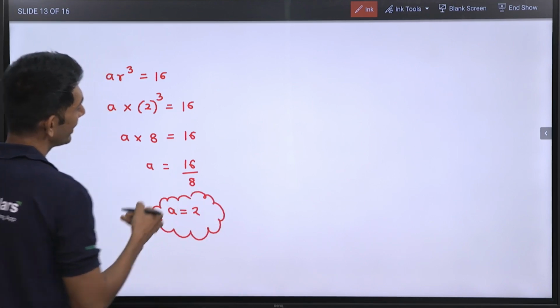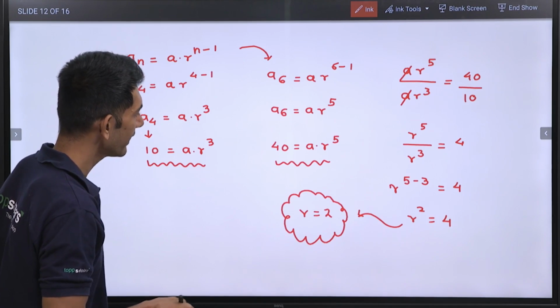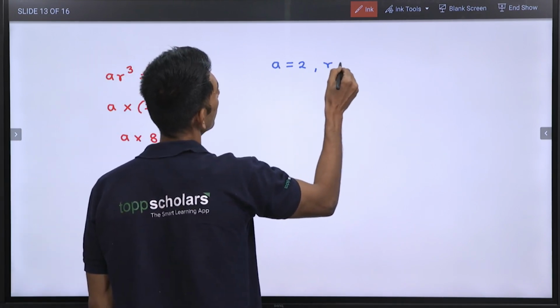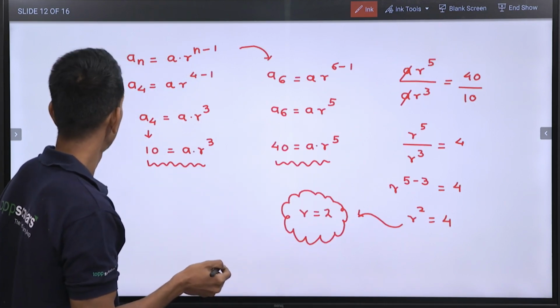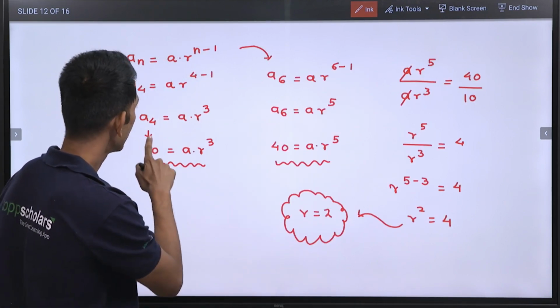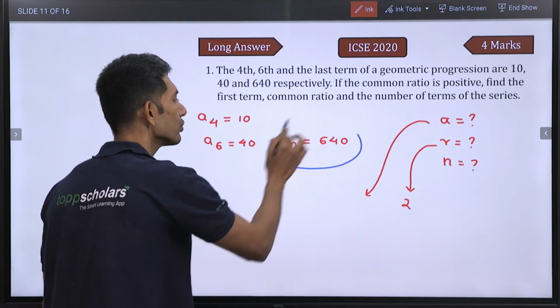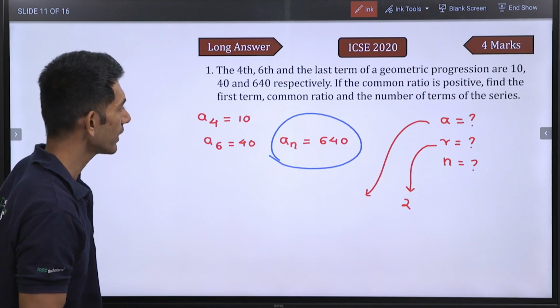Now once you get the value of A and R, A is 2, R is 2, correct? And then what are we supposed to find out? We are supposed to find out n. We'll make use of this. What is An? An is given as 640.